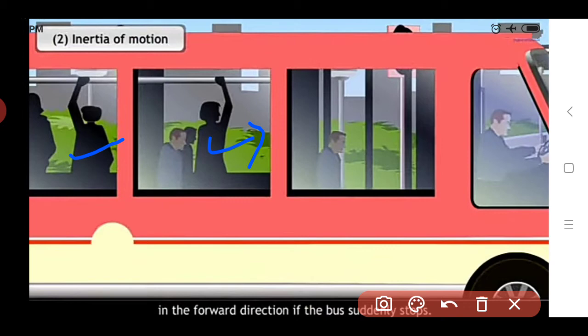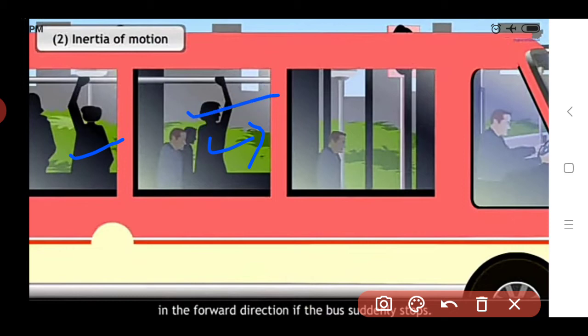Up to that point these objects remain in their state, whether it may be a stationary state or a motion state. So here in this example, all the objects, that is, the passengers sitting inside the bus, are in which state? They are in motion.